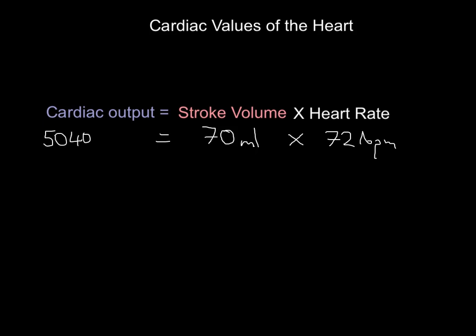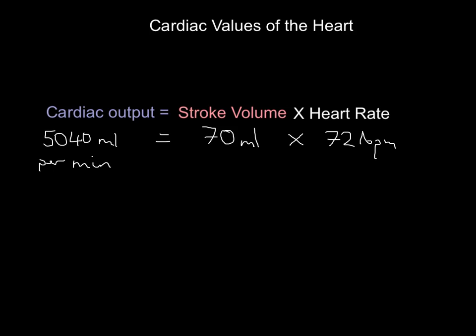Okay, so the answer to that would be 5,040 millilitres. And remember, what is cardiac output? The volume of blood pumped out of the heart per minute. So in other words, 5,040 millilitres per minute.